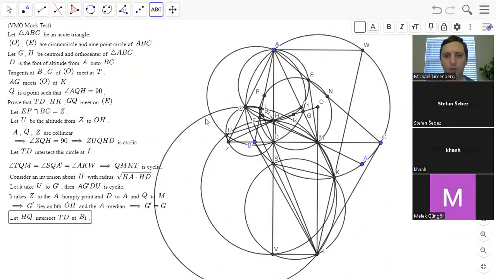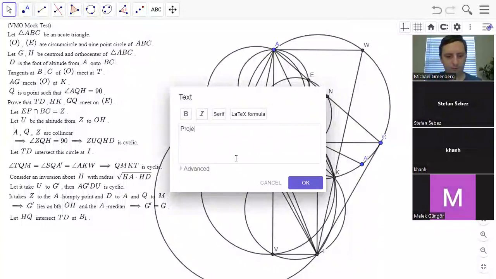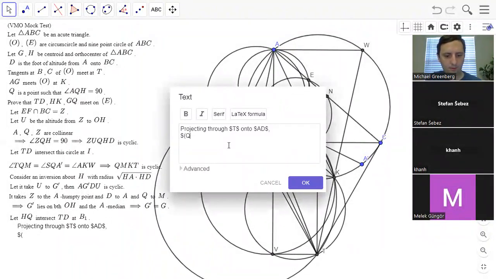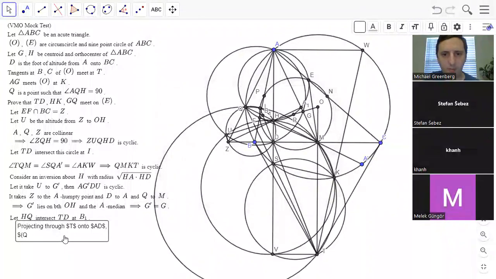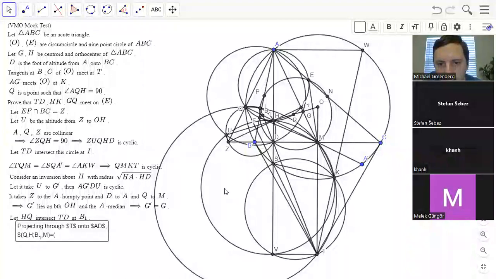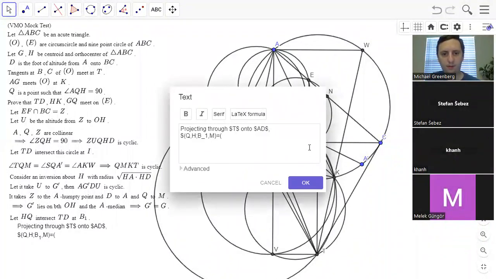So projecting through T onto AB, we have QB1HM, or I could say QHB1M, is equal to SHD infinity, and that's equal to -1.